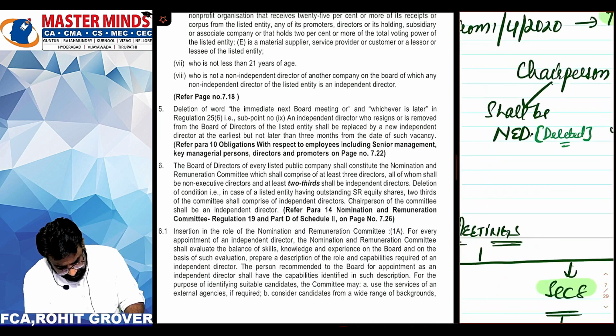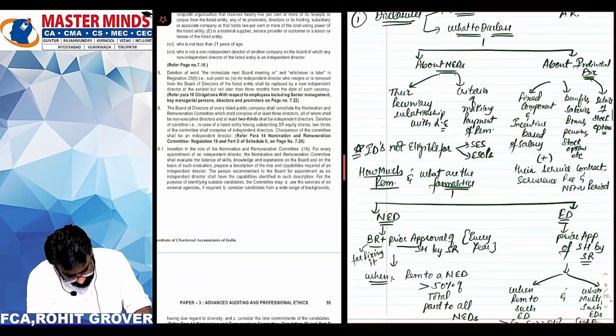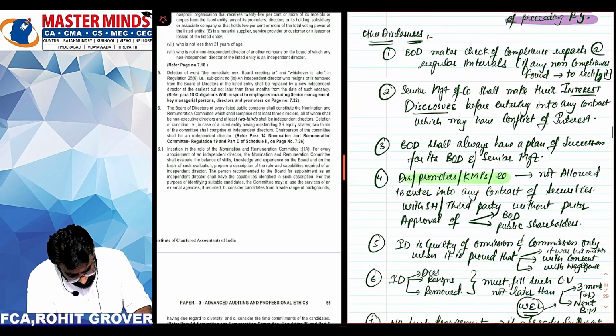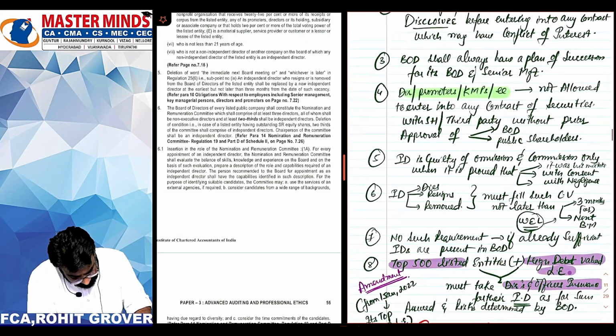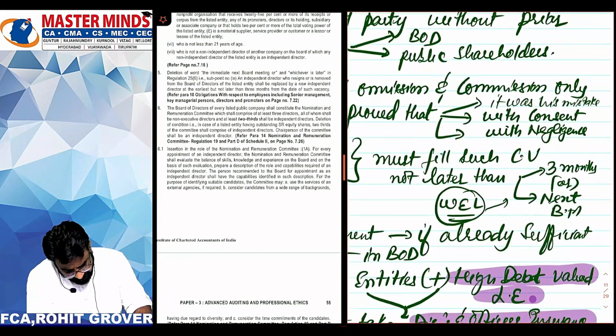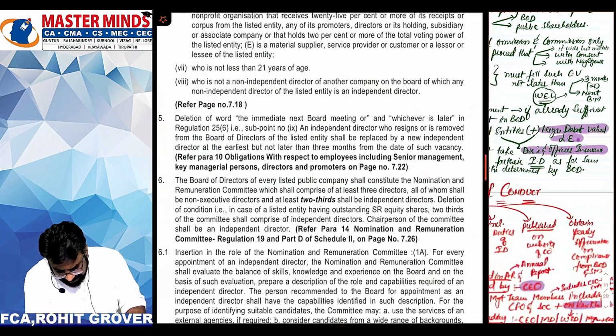Where is that point? After remuneration. Other disclosures. Okay. So if he dies, resigns or is removed, such casual vacancy must be filled not later than 3 months or next board meeting. Now see what change they have brought.